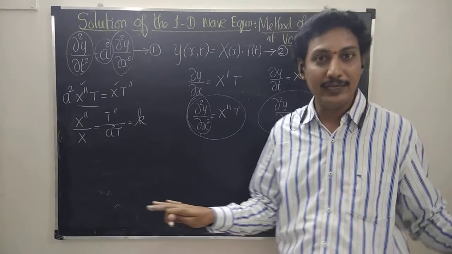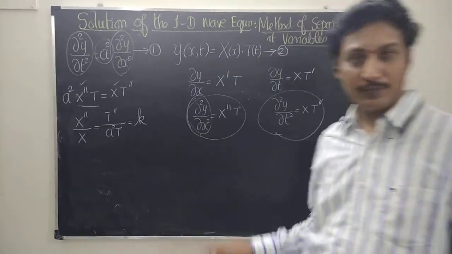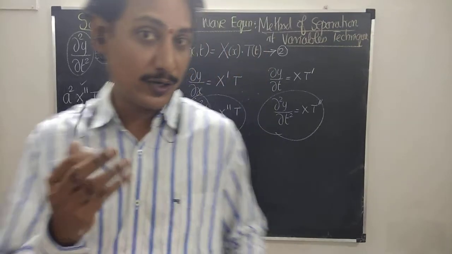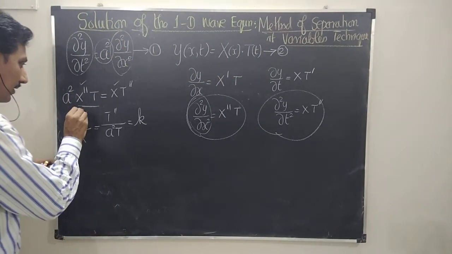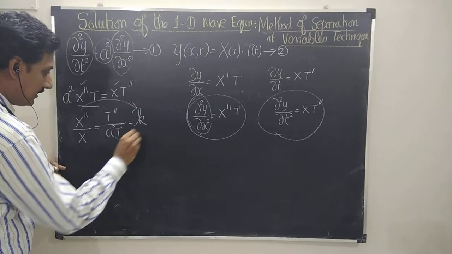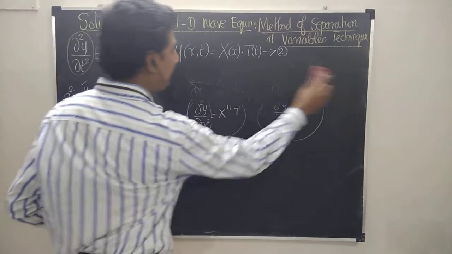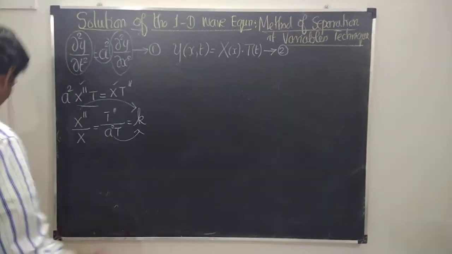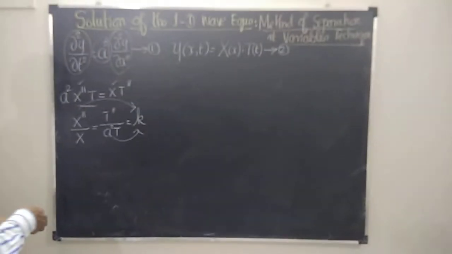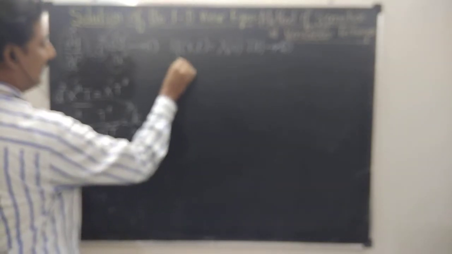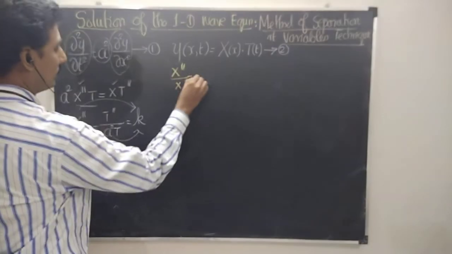So this is the method of separation of variables: X on one side, T on one side, equal to some constant k. Can I equate this to the constant? If I equate this to the constant, I get two equations. One is X double dash by X is equal to k.